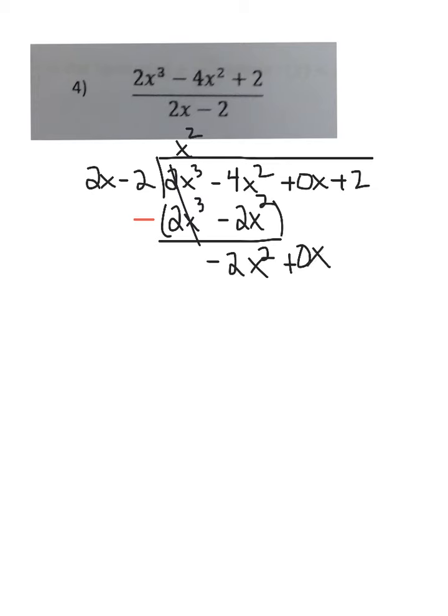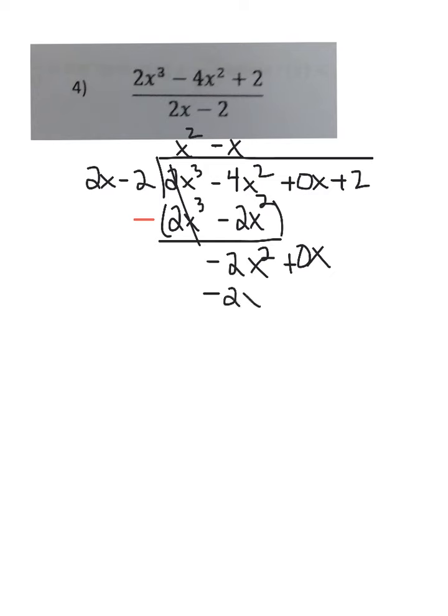So here we go. What am I multiplying 2x by to get to negative 2x squared? Okay, and that is going to be a negative x. So when I multiply that negative x times this 2x, that's going to give me negative 2x squared, which is what I want.